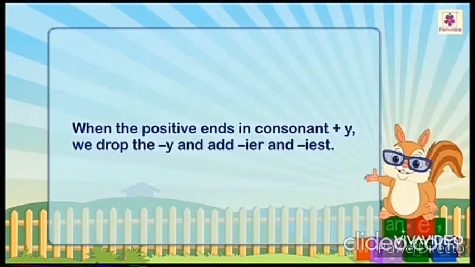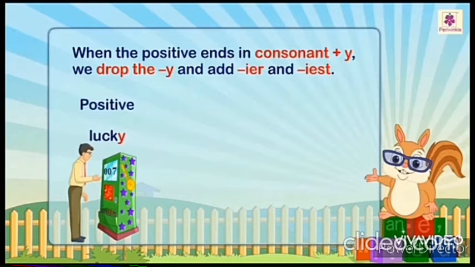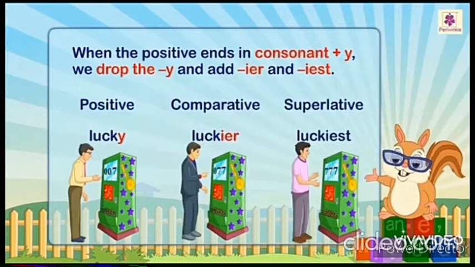When the positive ends in consonant plus y, we drop the y and add ier and iest. For example, lucky, luckier, luckiest.